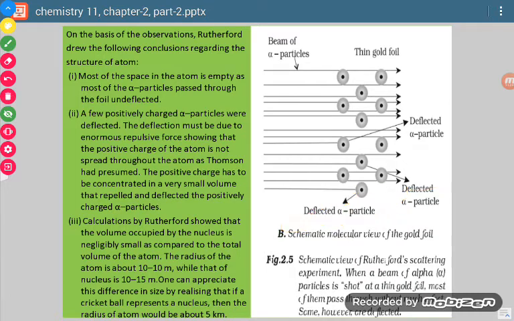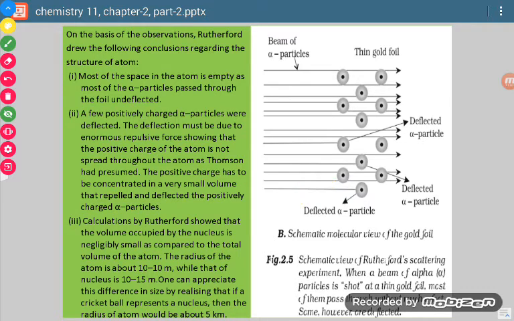So it means that if an alpha particle, which is positively charged, moves in such a way that it directly strikes the center of the atom, then what will happen? Then it will either bounce back or be deflected by a large angle.